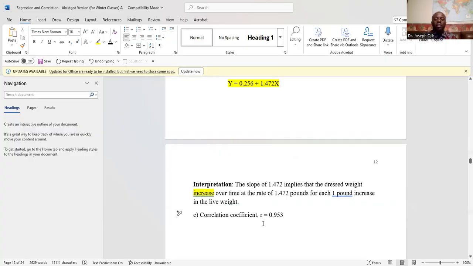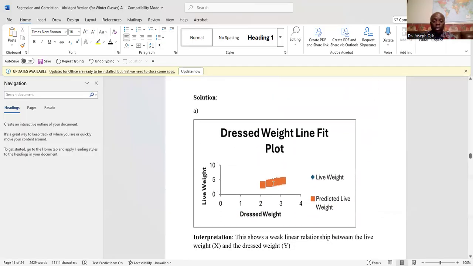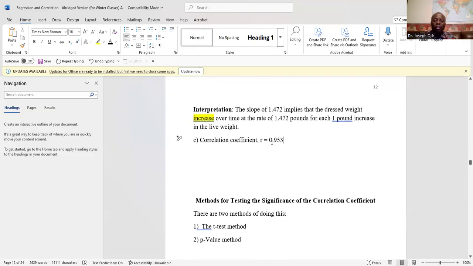So interestingly, this shows a strong positive linear relationship between X and Y, the live weight and the dress weight, even though maybe the scale they used for this diagram made it look as if it is a weak relationship. But this one says that it's 0.953, which is a strong positive linear relationship between the dress weight and the live weight.